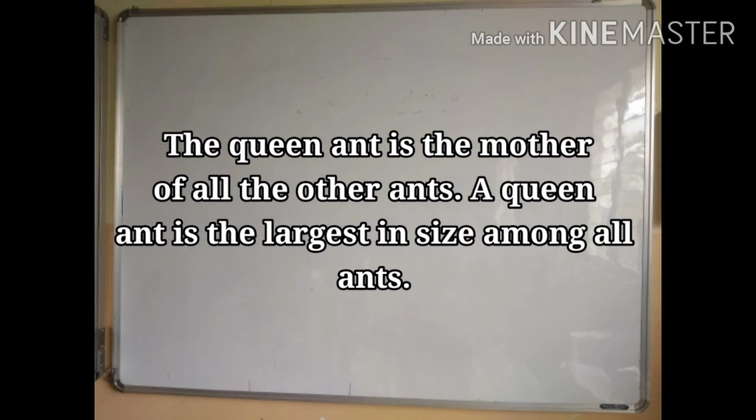A queen ant is largest in size among all ants. The only work of the queen ant is to lay eggs. An ant colony can have one or even many queens.